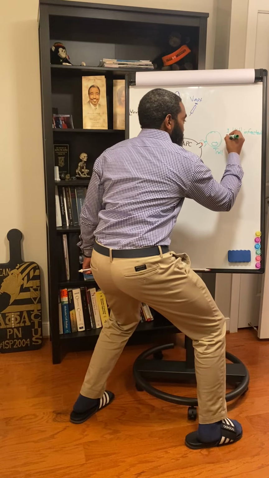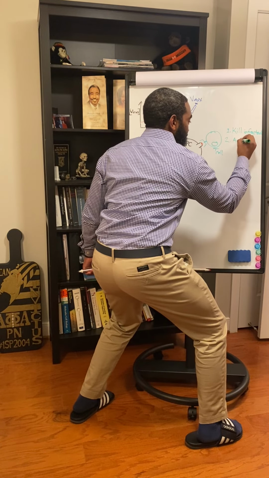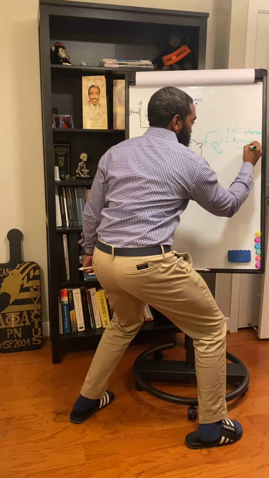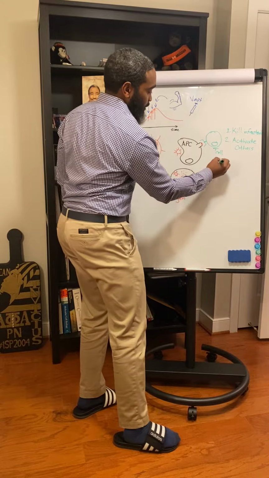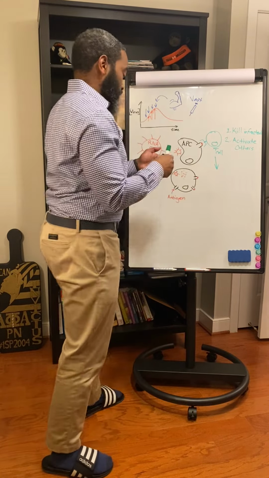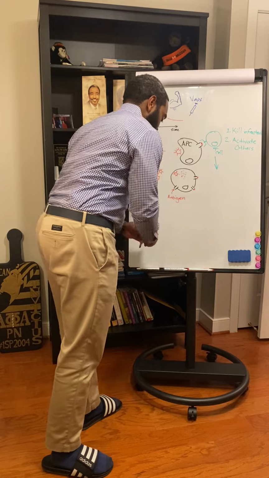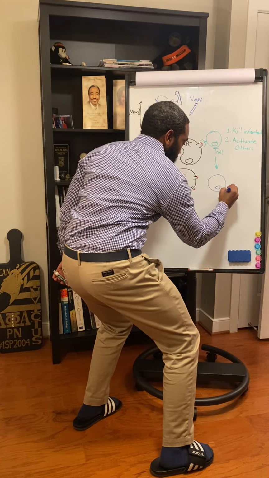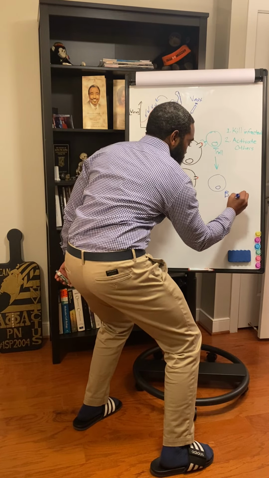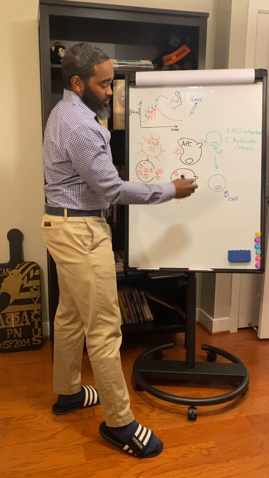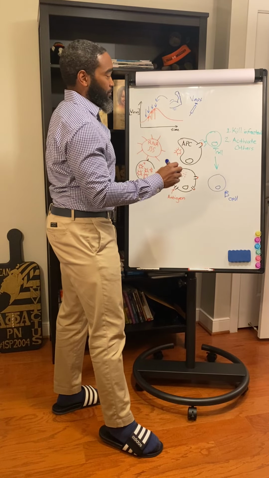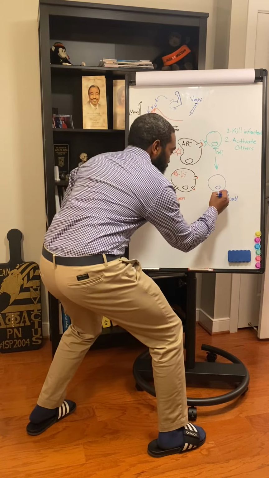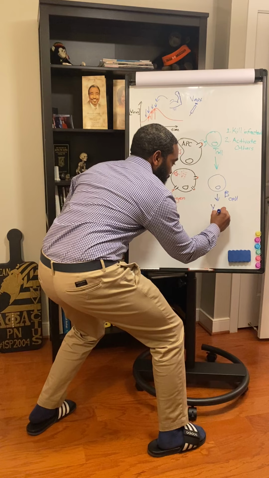Another critical function is going to be to activate other cells. So it's going to activate others. This brings up another critical cell type, which is going to be the B cell. And so we'll draw a B cell here. Once activated, this B cell has another important function that you've probably heard of before, and this is to produce antibodies.